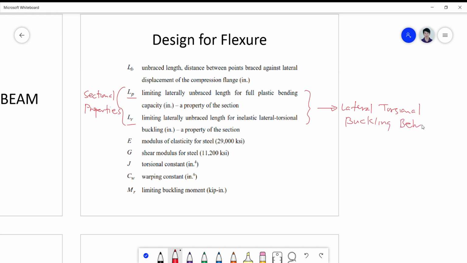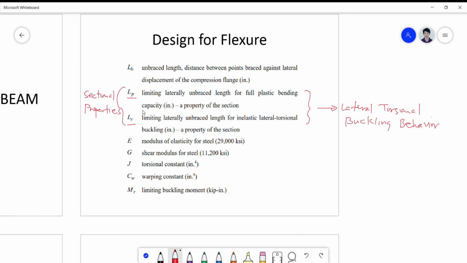And these limitations were based on the concepts and theories involving lateral torsional buckling, which I have presented on a video involving some mathematical derivation of the values of Lp and Lr.